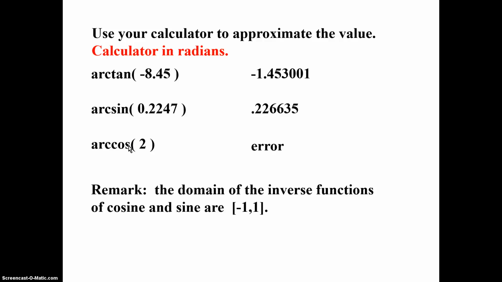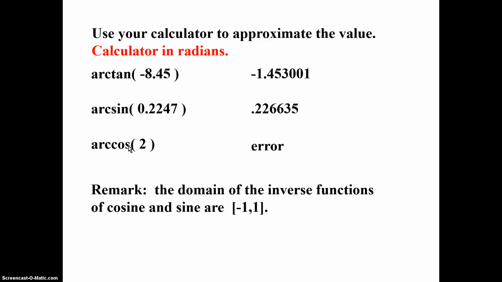And if you look at your unit circle, cosine will never be equal to 2 anywhere, mainly because the cosine and sine functions range from negative 1 to 1 in regards to the domain for the inverse. Okay, so those are some calculator exercises.